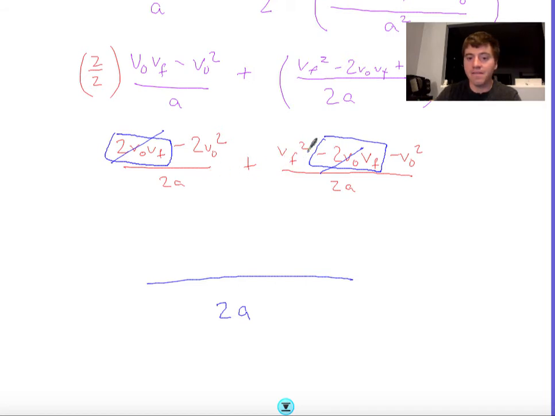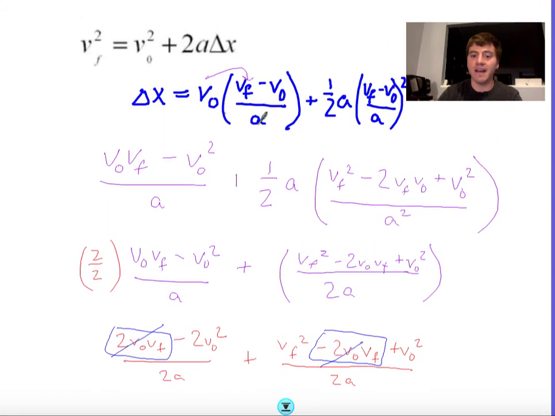I've got a v final squared and no other v final squared, so I'm going to leave the v final squared. I've got v initial squared here and v initial squared here. Those are like terms. So I've got a plus, that should say plus, this is a plus v sub naught squared. So I've got 1 positive and 2 negatives. That leaves me with 1 negative.